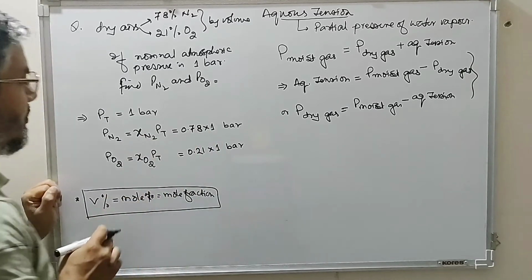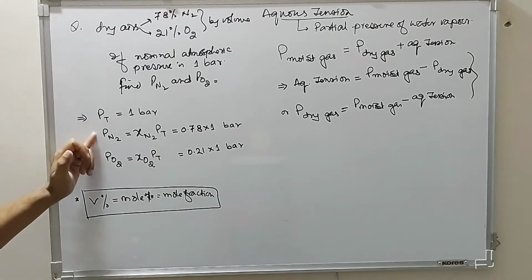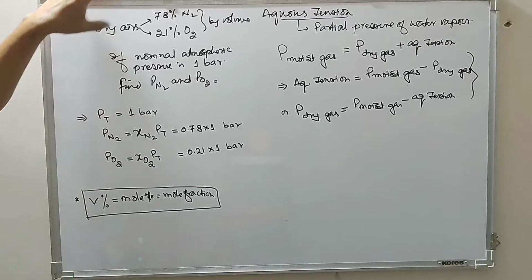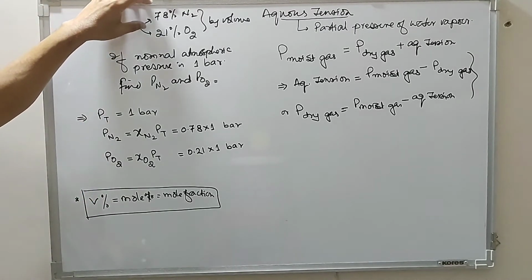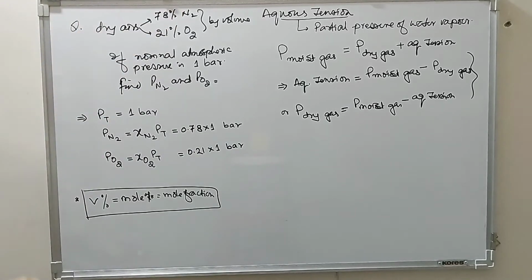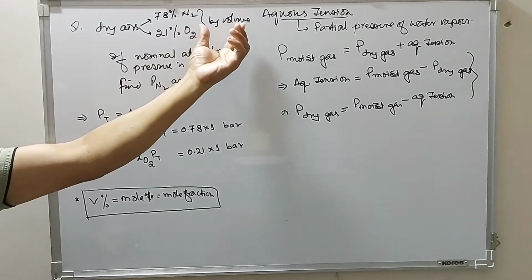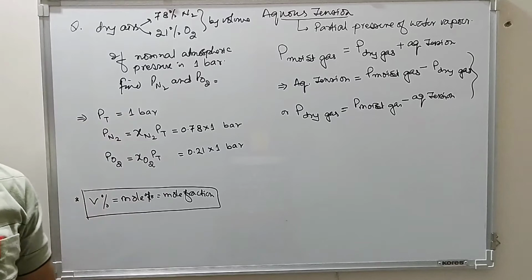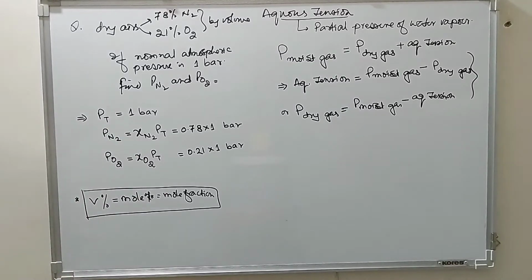This is the partial pressure of nitrogen and oxygen in dry air whose volume percentage is 78% and 21%. So this is how we use the concept of partial pressure or the volume percent in terms of mole fraction.